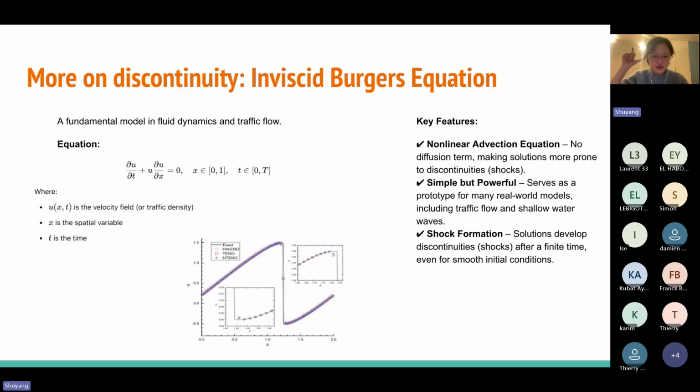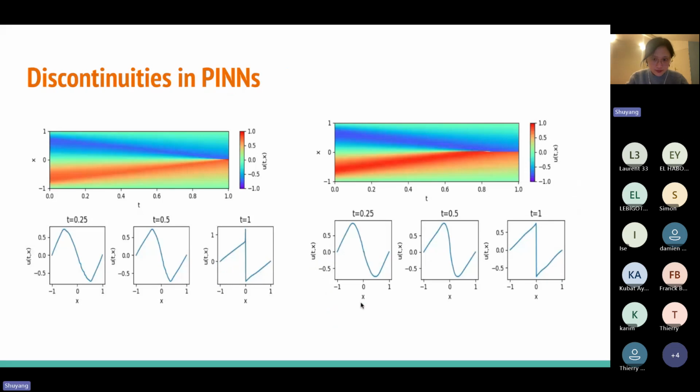And the PINN will definitely have some big problems to handle it, because the design assumes that the solution is smooth, so it will have some problem handling the gradient here. This is an experiment I've done myself.